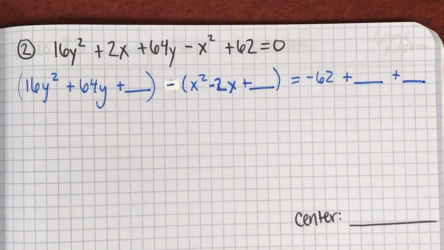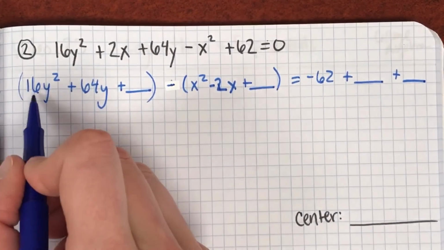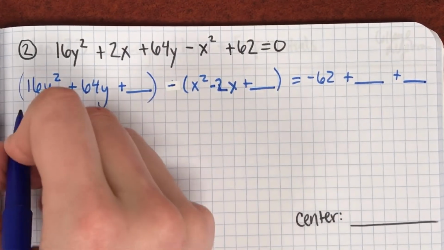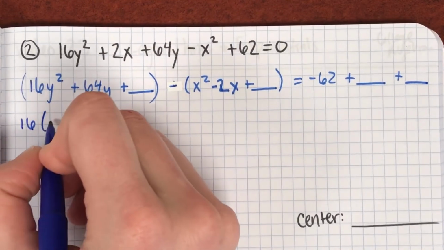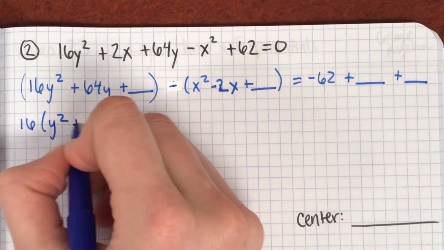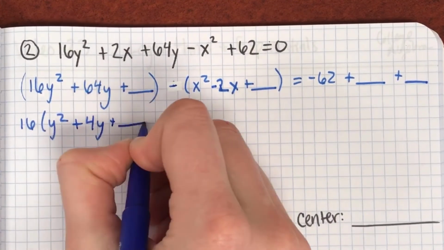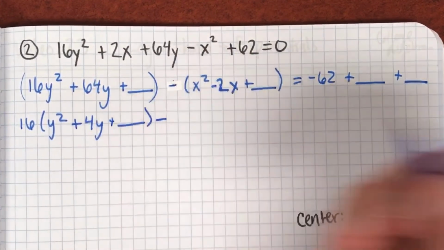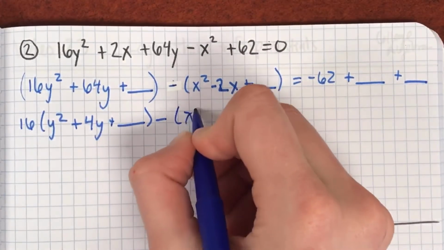All right, so now we've got to kind of eliminate this coefficient. So we take out a 16. And this doesn't have a coefficient, so I don't need to do anything here.